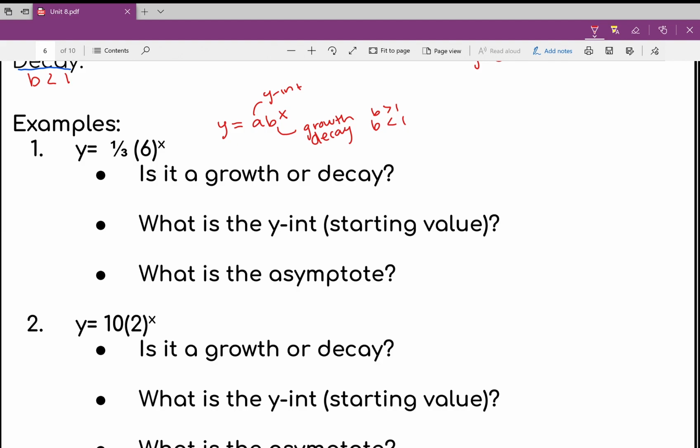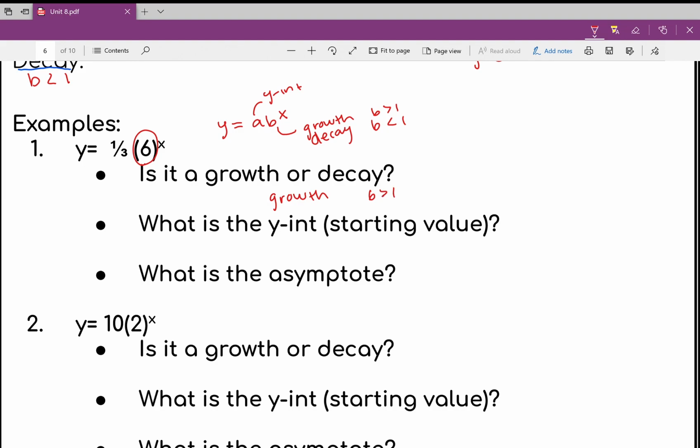The first question says, is it a growth or decay? We need to look at the b value, which is 6. Is 6 smaller than 1 or bigger than 1? Since 6 is bigger than 1, this is a growth.